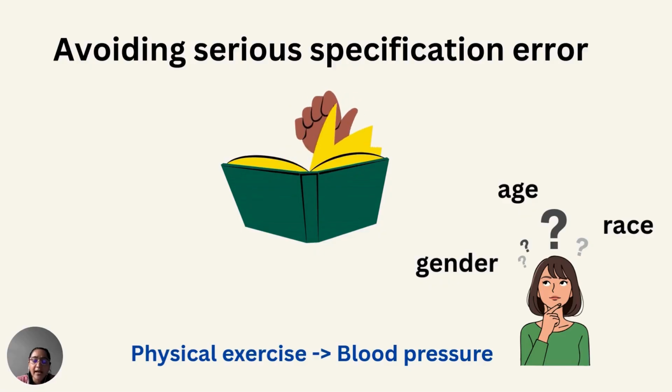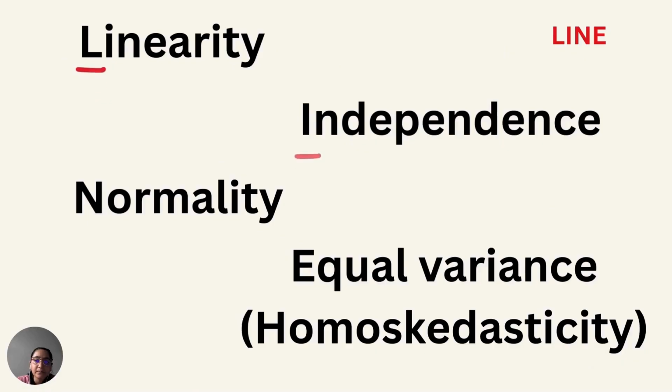So once we do that, based on the conceptual framework that we derive from the literature review, we can then specify our empirical model. And then the next step is using our data to estimate the model. But keep in mind that your data needs to satisfy certain assumptions underlying the model for the inference to be valid and reliable.